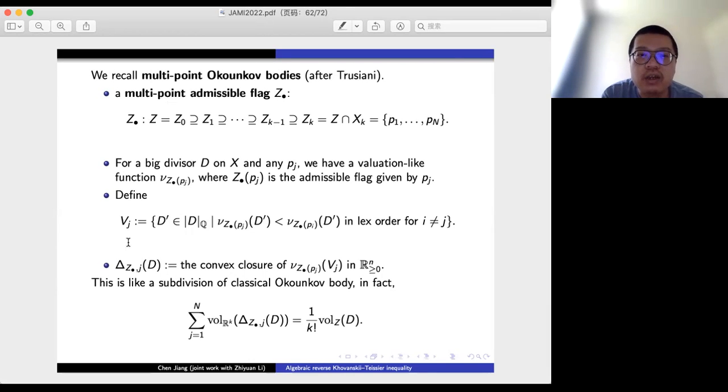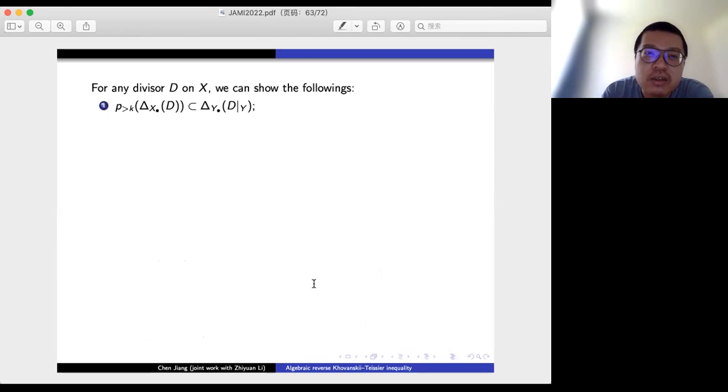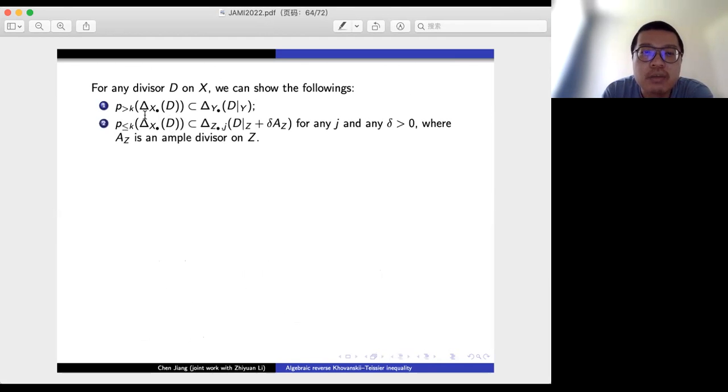Okay, so this is actually all we need to know about the multipoint Okounkov bodies. And then what we do is, the first claim is preserved, and the second claim is that we compare the projection of the Okounkov body with the multipoint Okounkov body, and we can show that if you project x naught to the first k coordinates, then it's contained in this multipoint Okounkov body.